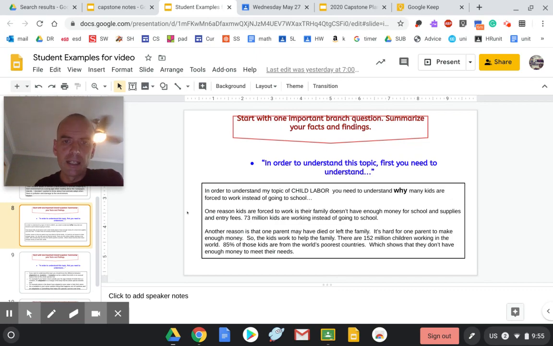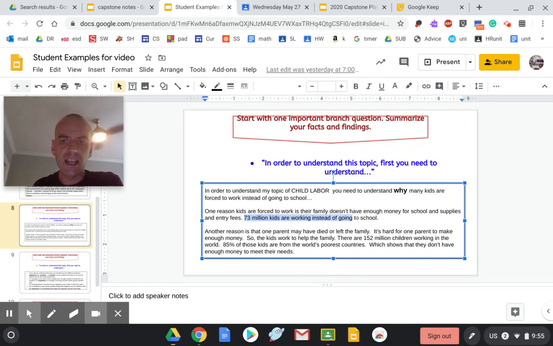One reason kids are forced to work is their family doesn't have enough money for school and supplies and entry fees. So she kind of says why they can't go. But look, here she also gives facts. 73 million kids are working instead of going to school. So she sets it up. She says why, but she also adds a fact. Okay?